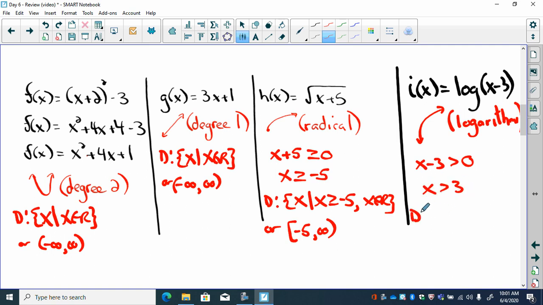So the domain becomes x such that x is greater than 3, x belongs to the real numbers, or from 3 to infinity using interval notation. Right, so it's helpful to know the domain of all of the original functions, because when we combine them, the domain of the combined function will be whatever's common to the original two.